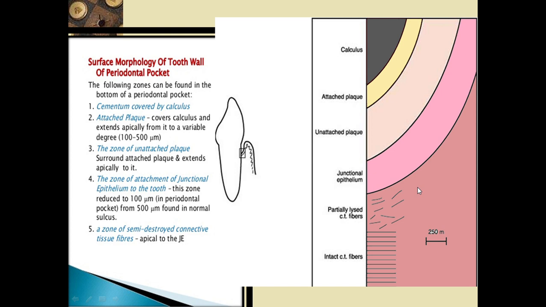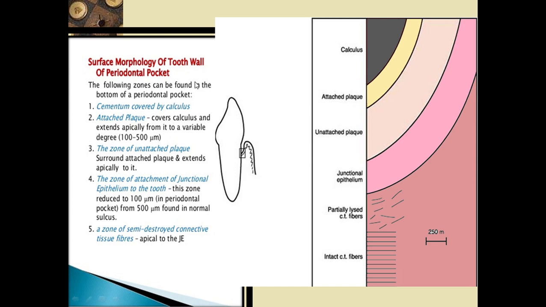But the important thing is that the junctional epithelium always remains intact. It is not getting necrosed. For pocket formation, junctional epithelium will always be there, although the zone of junctional epithelium was initially 500 micrometer. It is reduced to 100 micrometer in the case of a periodontal pocket.